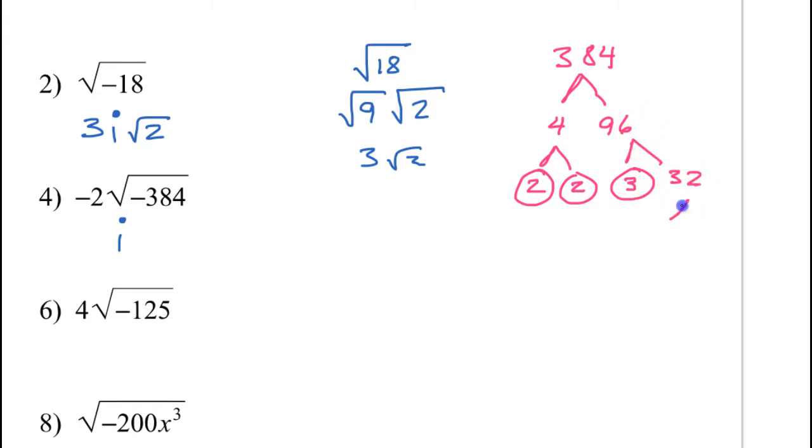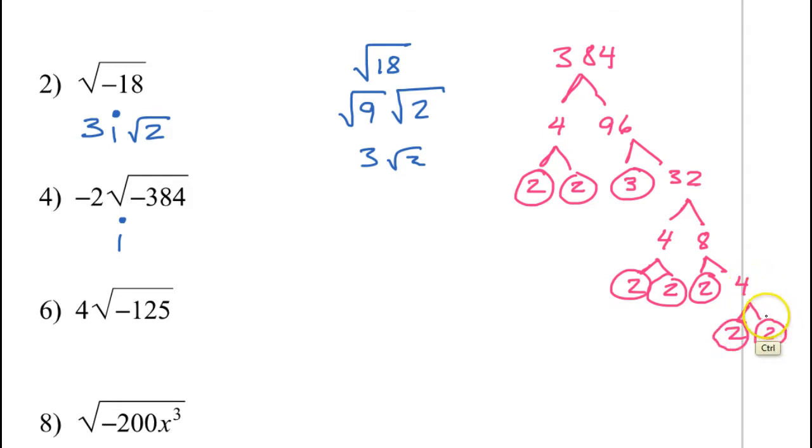And then 32 is 4 times 8. And then 4 is 2 times 2. These are prime numbers. And then 8 is 2 times 4. And then 4 is 2 times 2. Okay, wow, that is a lot of 2's.